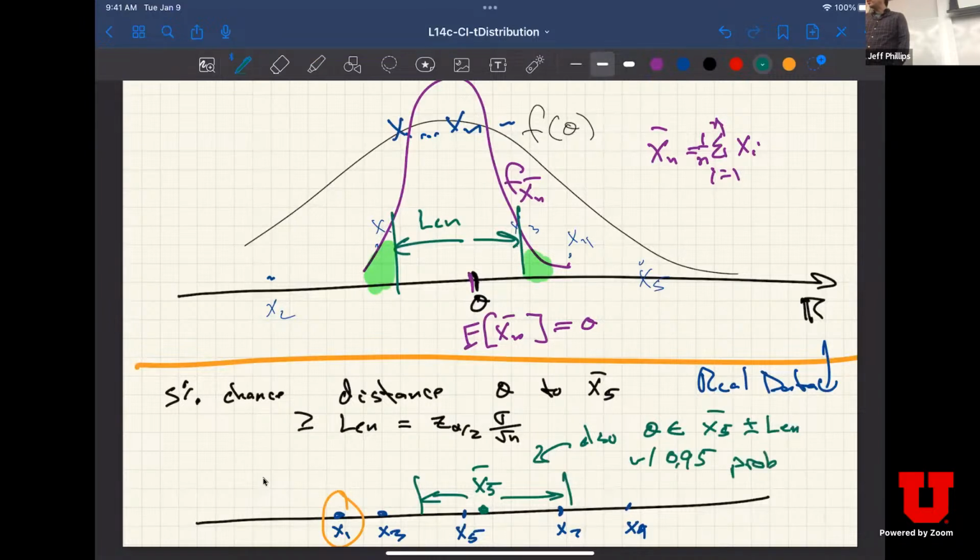Because I'm measuring distance and that's symmetric, I can actually put it on the observation and say the true parameter is in there with this probability, assuming these are drawn from normal distributions. This one tells me it's drawn from a normal distribution. This tells me that the variance of the normal distribution was sigma squared, and n is the number of things I'm averaging to get this estimate.